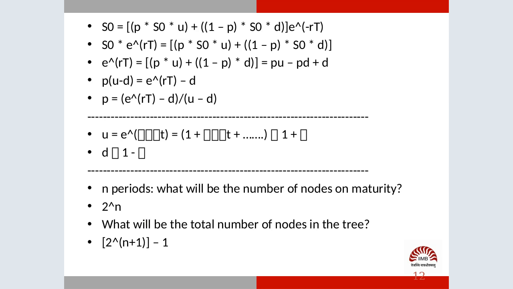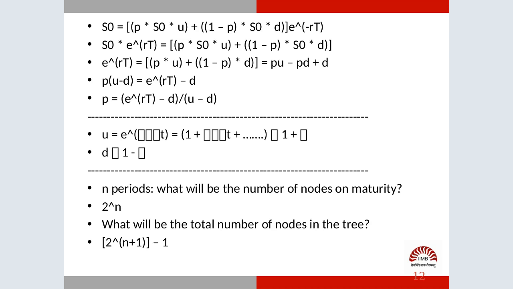Why? See, if you start off with 1 node, from 1 you can go to 2, from 2 you can go to 4, from 4 to 8, from 8 to 16, from 16 to 32, and so on. You start at 1 node.